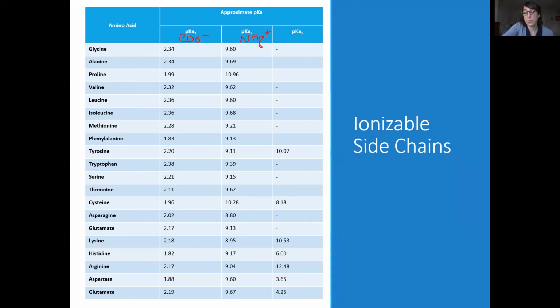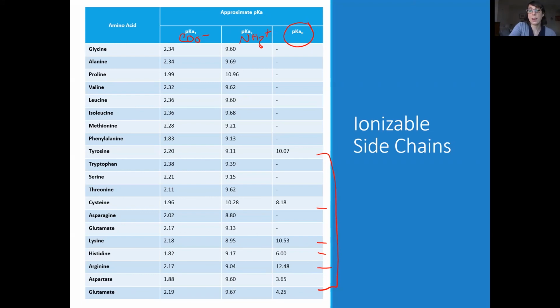There are a total of 7 amino acids that have ionizable side groups. And you can see any of them that have an ionizable side group, an R group that can be ionized, it is listed here. So these 7 have an R group, an additional group with an additional pKa.